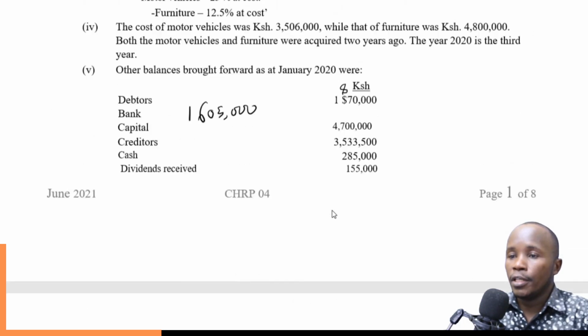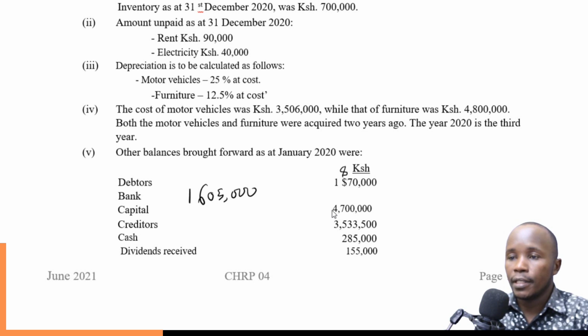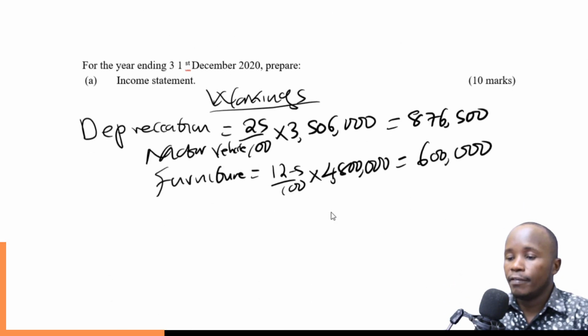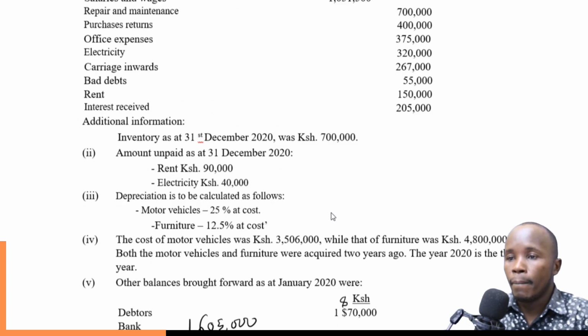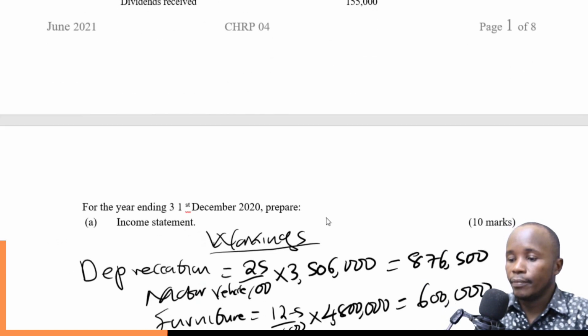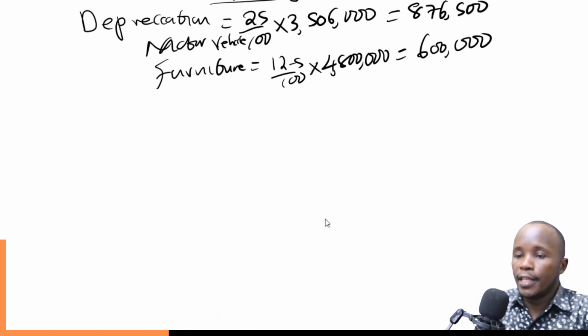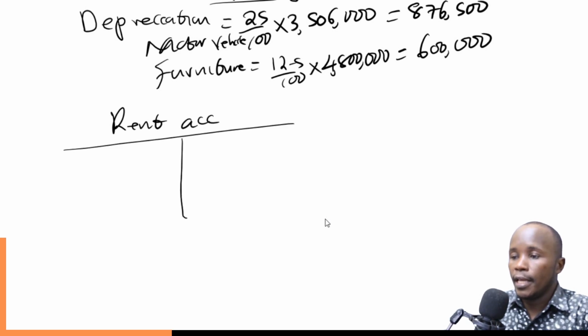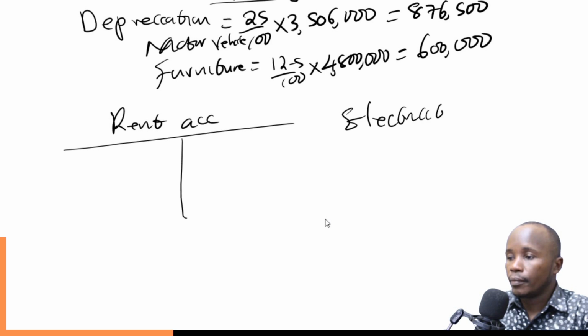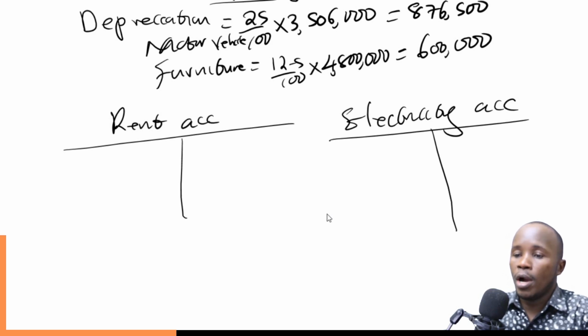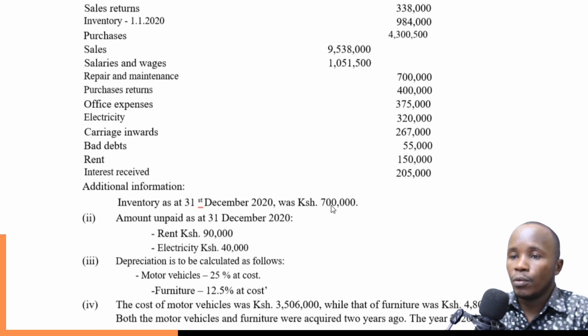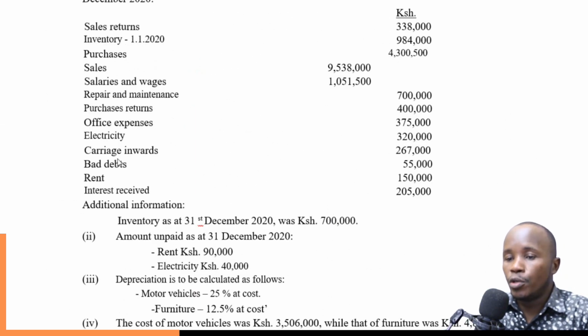Something else we need to work on is accrued expenses. Now, you see, expenses have debit balance. Here we have rent and electricity. If you see the rent account and also the electricity account, the figures that were paid, rent is 150,000, electricity is 320,000.